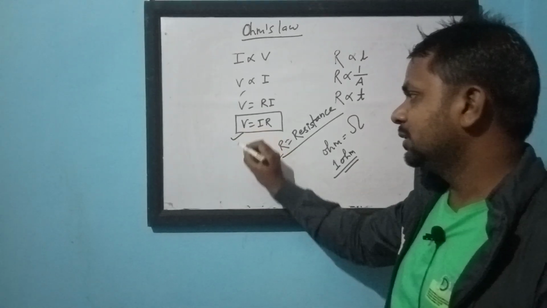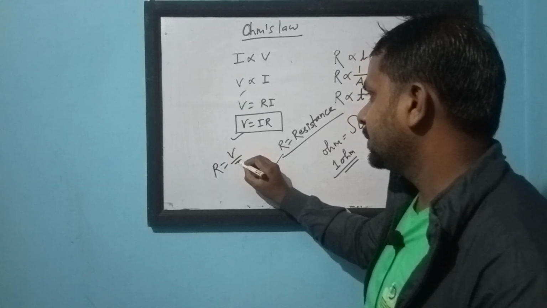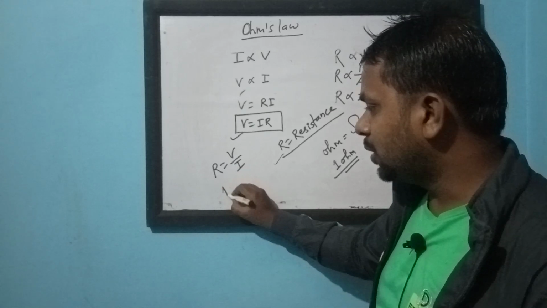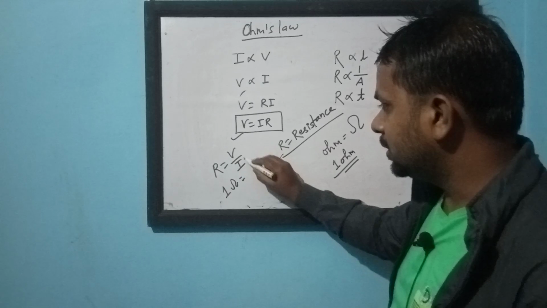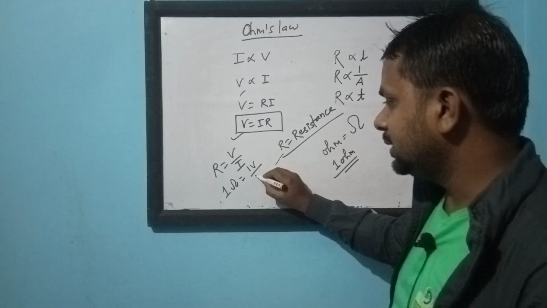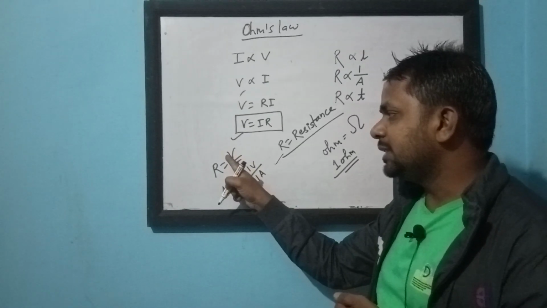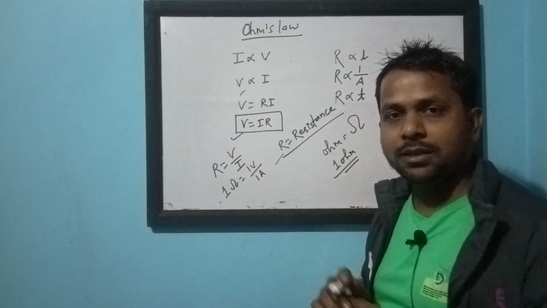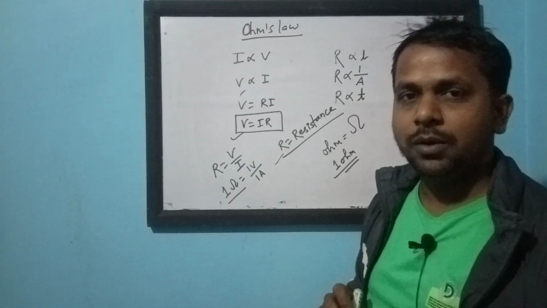From this formula, we can write R is equal to V by I. The value of R will be 1 ohm if the value of the potential difference is 1 volt and the value of electric current is 1 ampere. You know that potential difference is measured in volt and electric current is measured in ampere. From here we try to define 1 ohm.